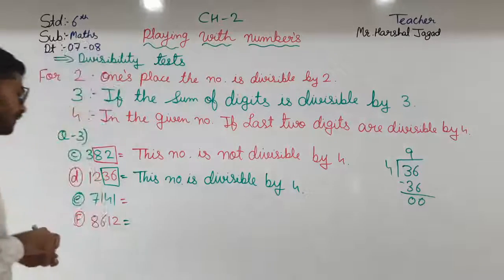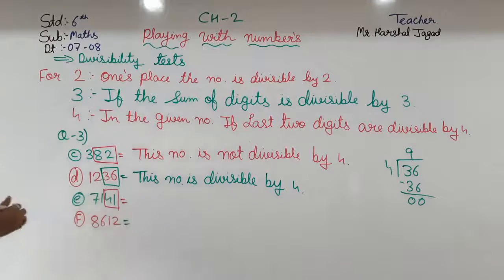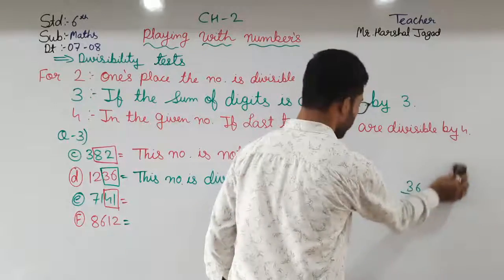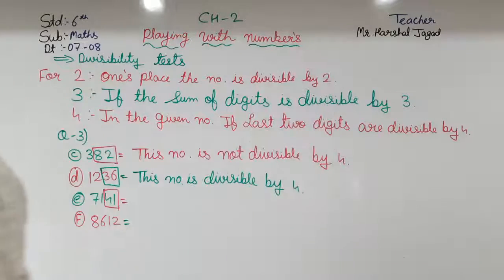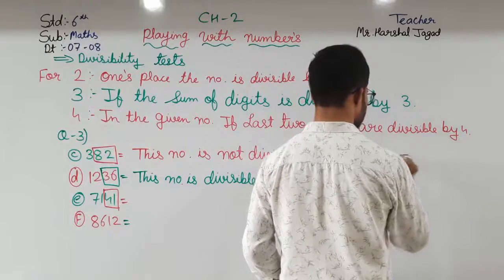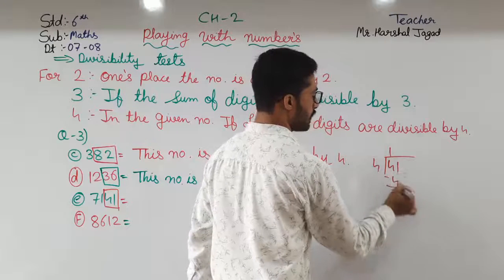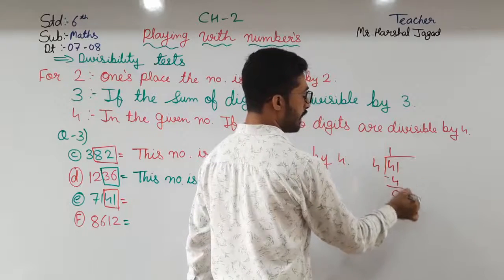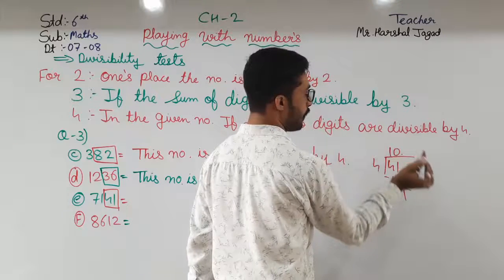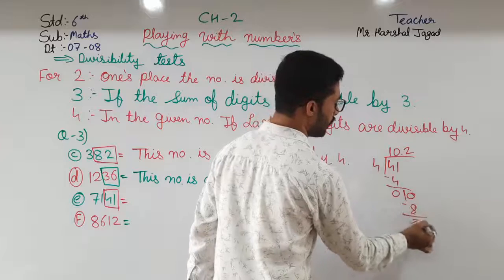Then moving towards the next, we come to 41. Let us check whether 41 is divisible by 4 or not. 4 1s are 4, remainder 0. Bringing down 1, we put 0 and a point. 4 2s are 8, remainder 2.